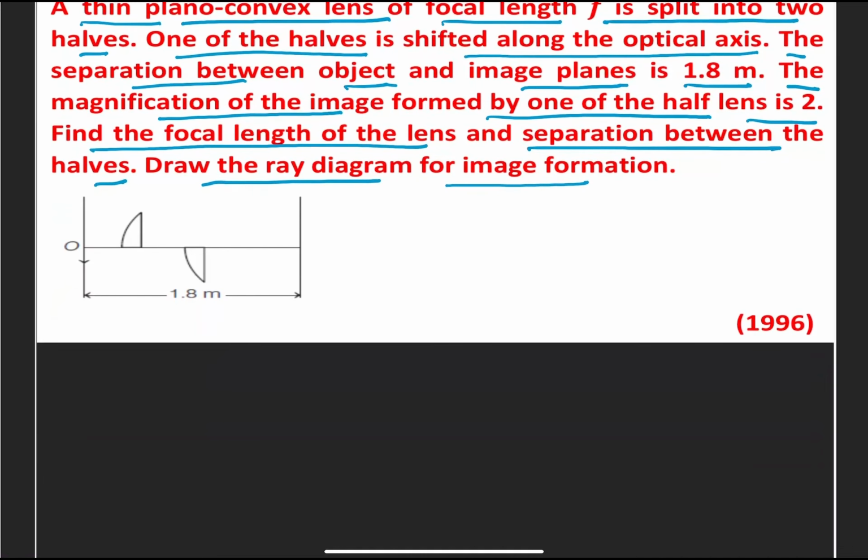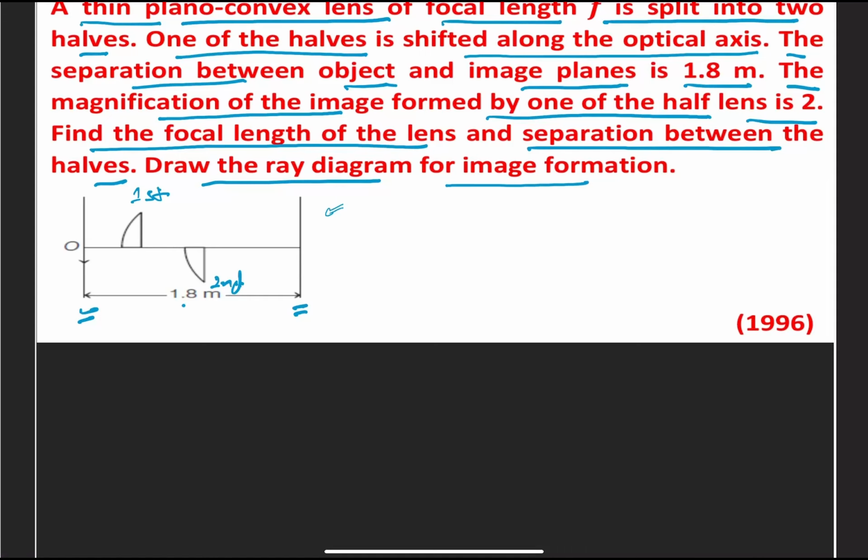So we are given this basic diagram. We have two halves. Let us call this our first half, and let us call this the second half. Here the important thing is that the position of the object and the position of the image is fixed, and that distance is 1.8 meter.